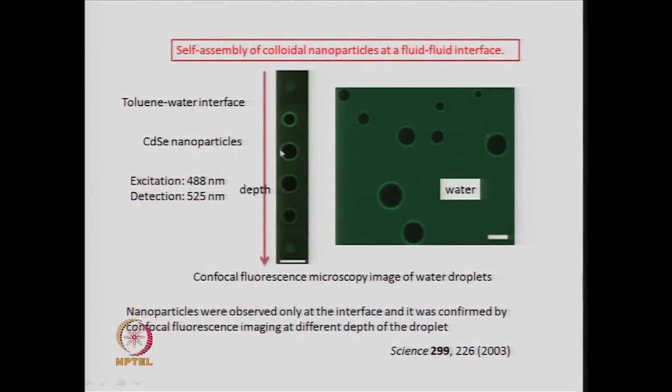So, the cross section is larger, again you go down further, the cross section becomes smaller and smaller, and when you go into the center of the droplet, there is no emission, because the emission is all at the periphery, and that tells you that the cadmium selenide has not gone inside the liquid droplet, but it is at the interface.